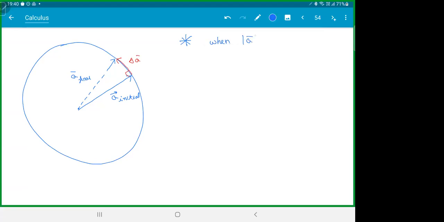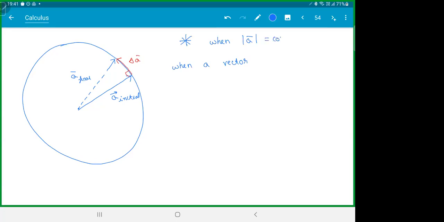So when mod A bar is equal to 1, we observe this. You could have taken mod A equal to any constant number, it doesn't matter; I just took 1 for simplicity.